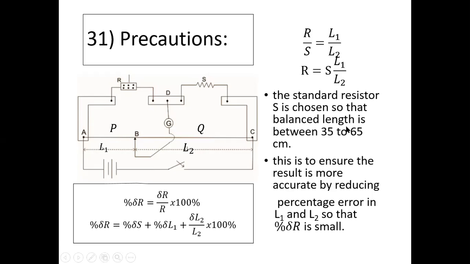Rather than write the whole thing, I just show you this is the symbol for delta R over R times 100%. Same with delta S over S times 100%, delta L1 over L1 times 100%, delta L2 over L2 times 100%. That's my short form.